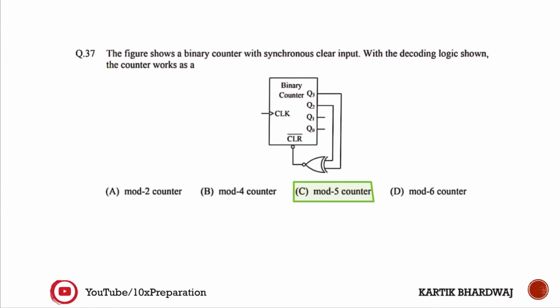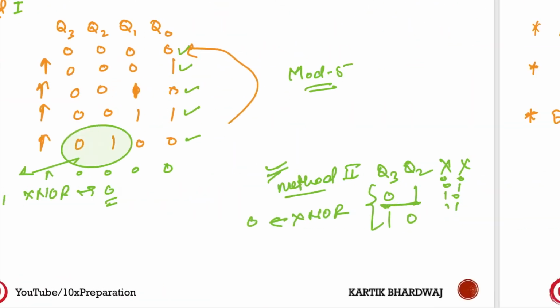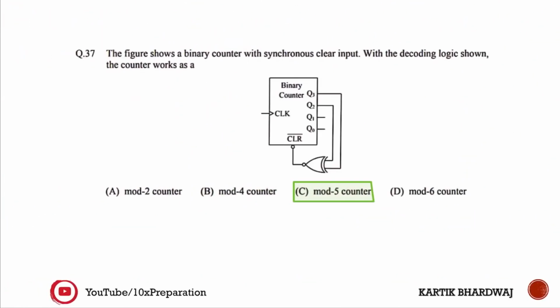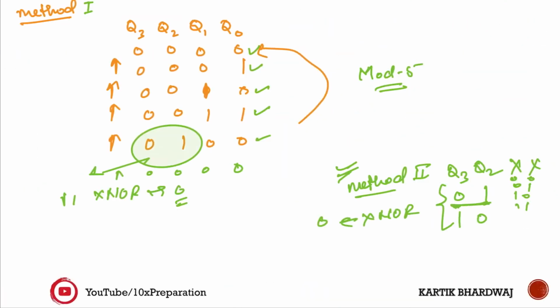Again, what I was saying: if an asynchronous counter is there in this circuit, what will happen in this case? It will be reset whenever the next clock pulse arrives, because after this clock pulse, when the next clock pulse comes, it reaches here.